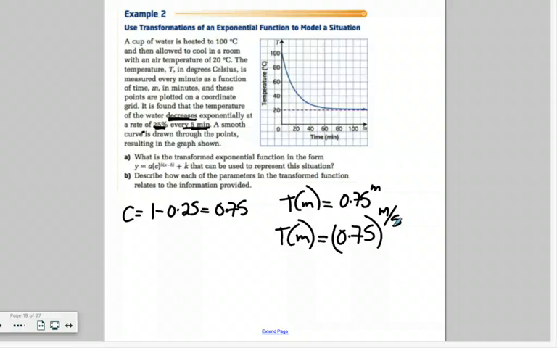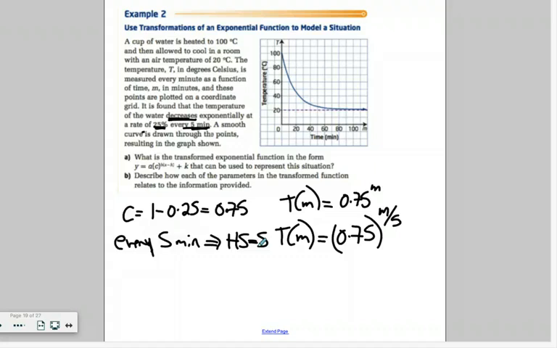So anytime you see something that occurs every 5 something, or every something time, that's indicative of a horizontal stretch, right? So that every 5 minutes relates to a horizontal stretch of 5. Therefore, what goes into the equation is 1/5, or m over 5, okay?